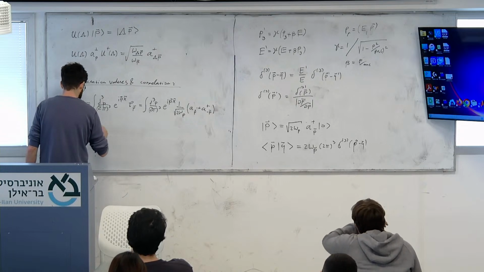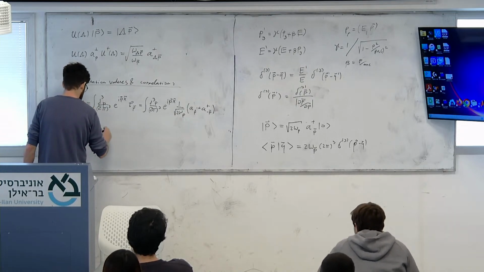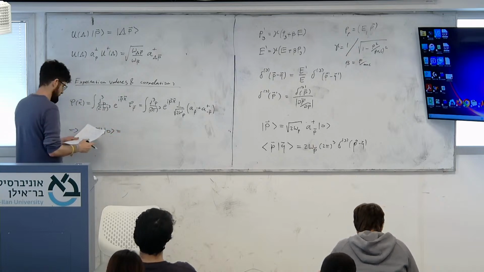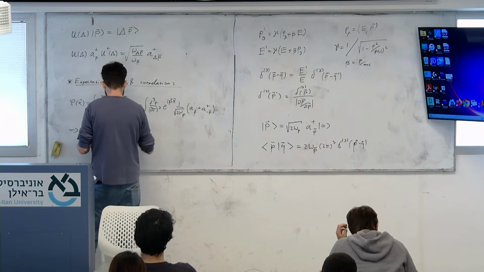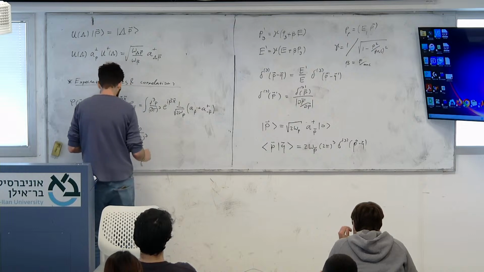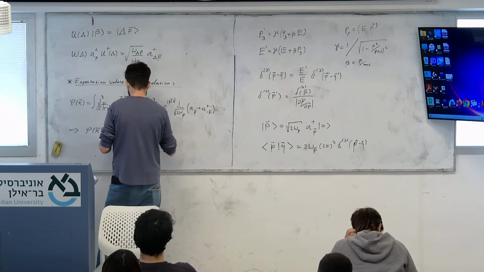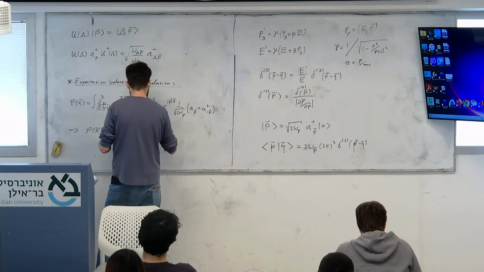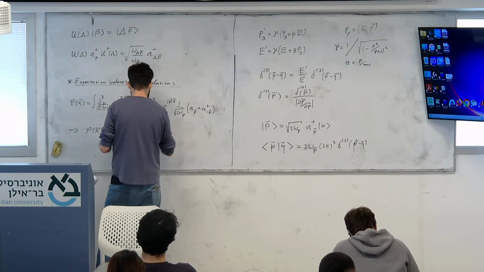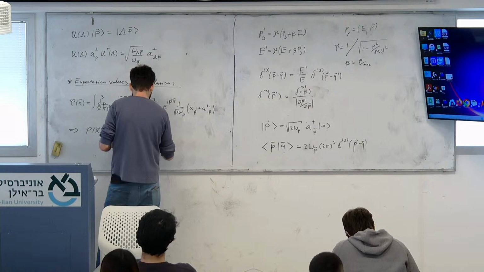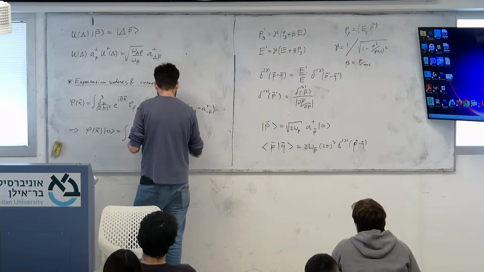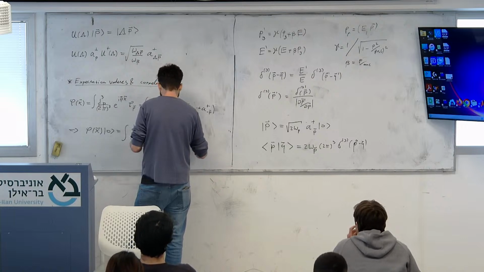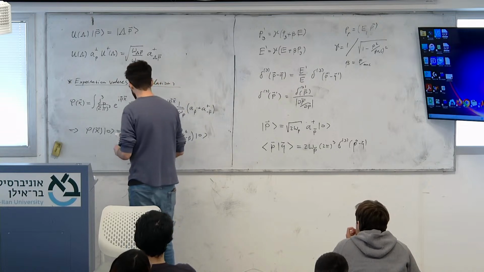And therefore phi of x acting on the vacuum is equal to d3p over 2 pi cubed e to the ipx divided by 2 times omega p, ap plus a dagger of minus p acting on the vacuum.